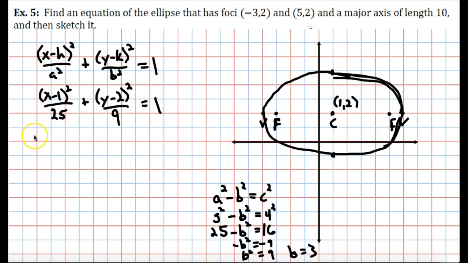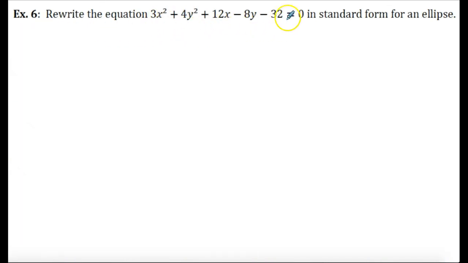All right. So our last example is taking an equation in general form and rewriting it so that it is in standard form. We are going to have to complete the square twice on this one. To set this up, we want to collect the x's together.